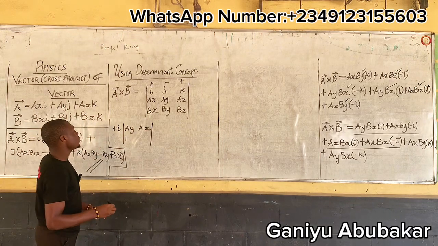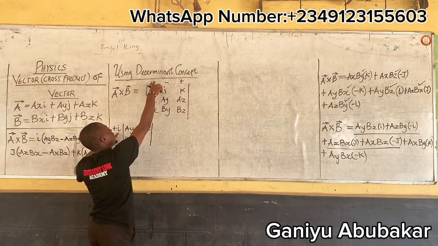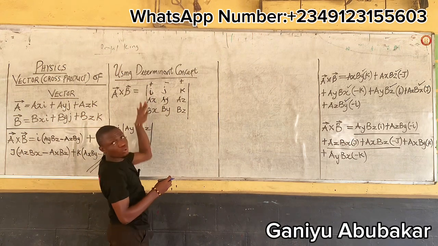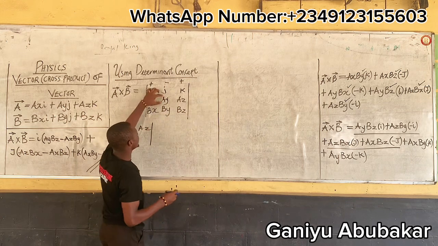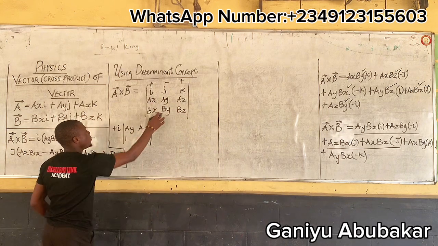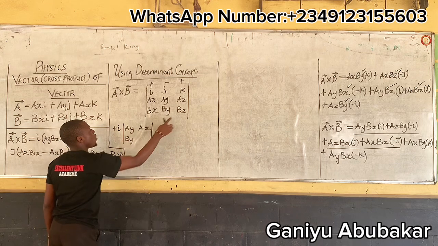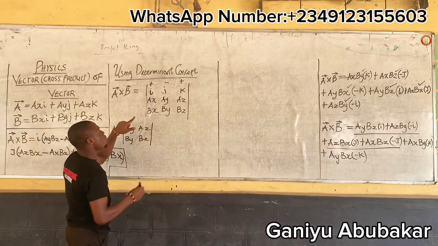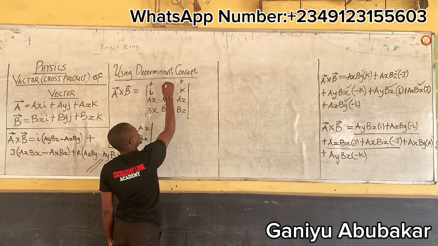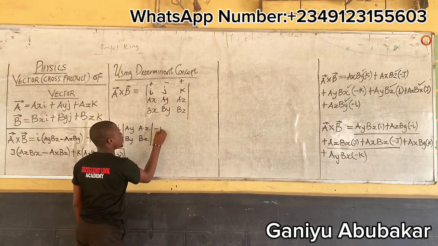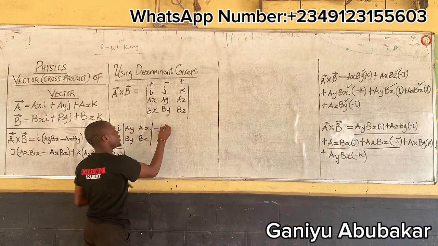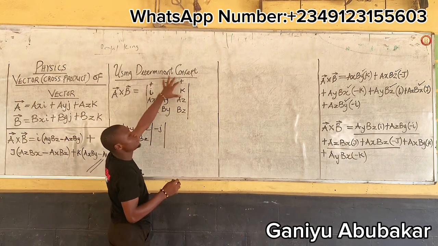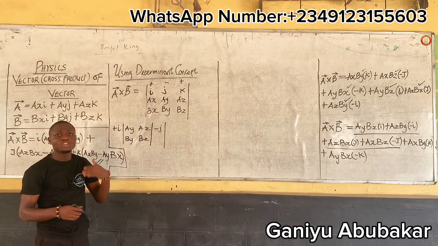Alright, proceed please. We said for I, start with plus I. For this I, I'm going to cover the row and column of I, so I'll be left with BY and BZ. That's for plus I. What's next? I have J, so I have minus J. For every part you are picking, cover the row and the column.